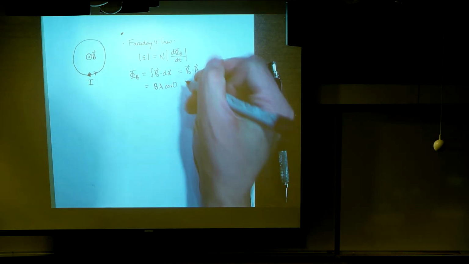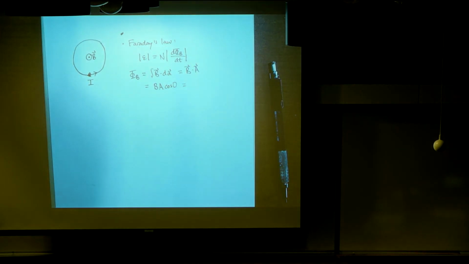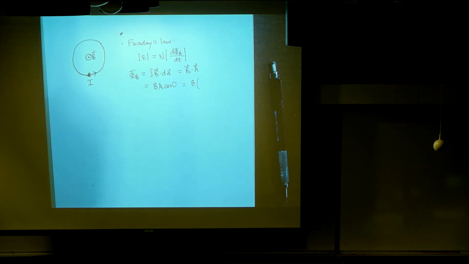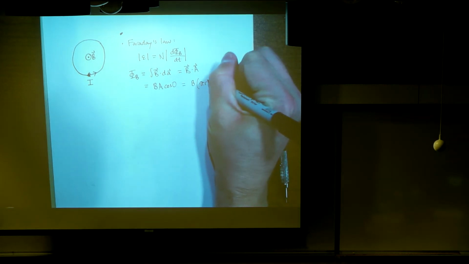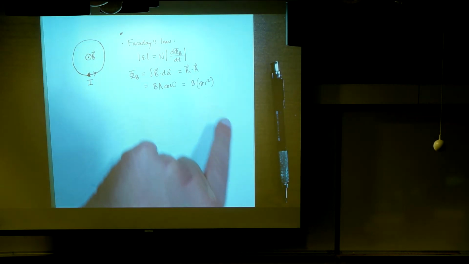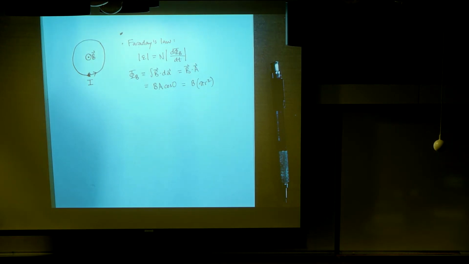Okay, then let me ask you, what is the area of this particular loop? That's just pi r squared, where r is the radius, okay? So the flux is just the strength of the B field times pi r squared.